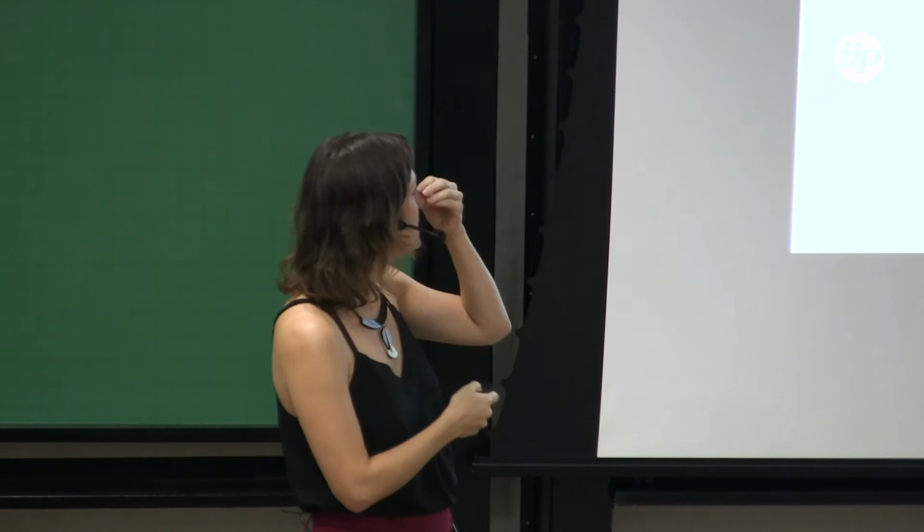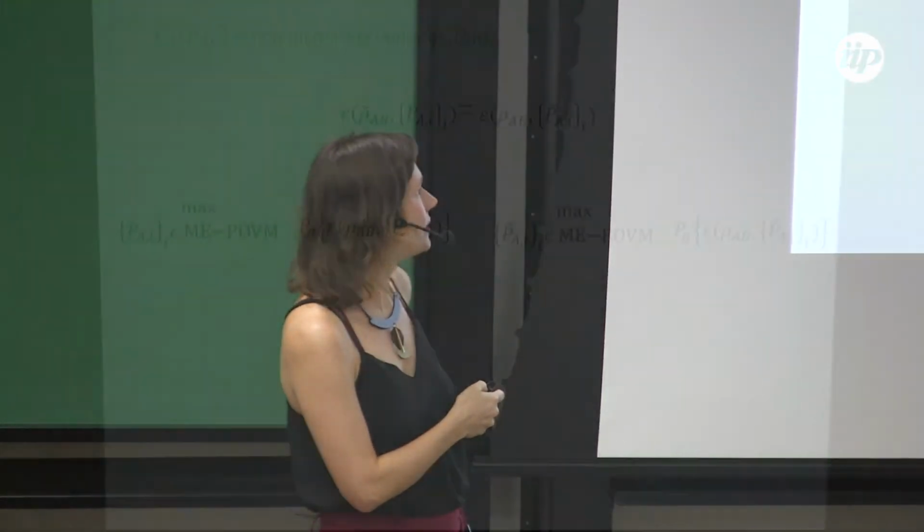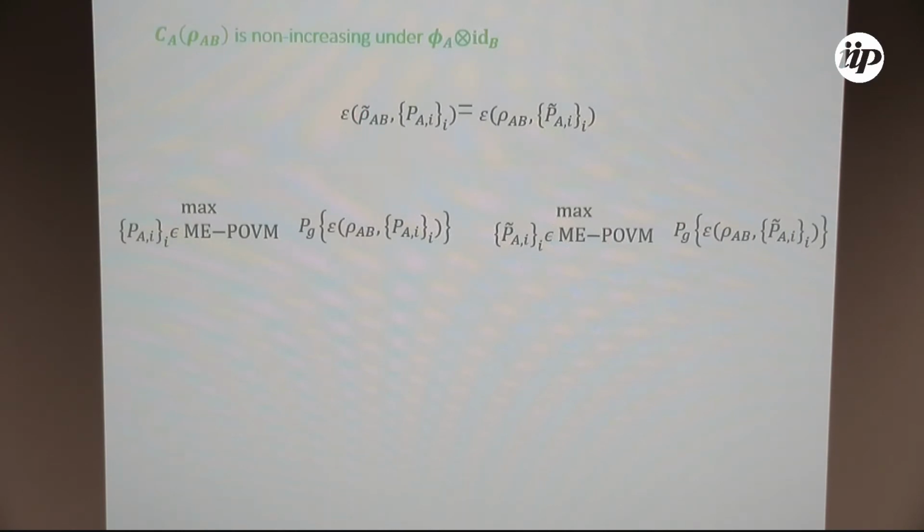And then, for the ensemble that I'm generating now, I don't have to stick to the evolved state, but I can just keep the same initial state while looking at a different family of POVMs.